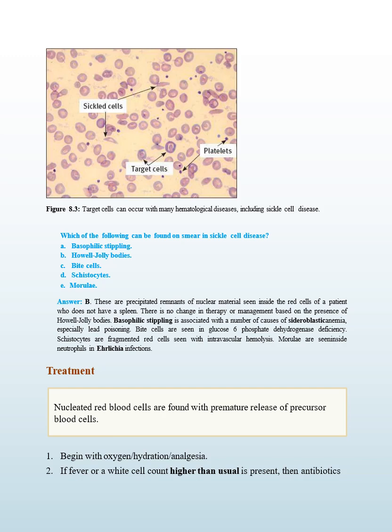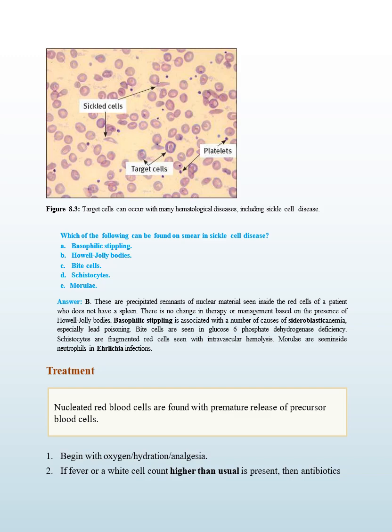Bite cells are seen in glucose-6-phosphate dehydrogenase deficiency. Schistocytes are fragmented red cells which are seen in intravascular hemolysis. Morulae are seen inside neutrophils in infection with Ehrlichia.